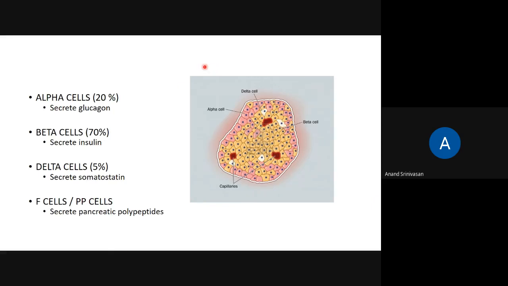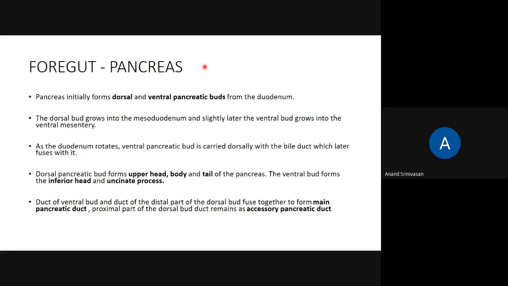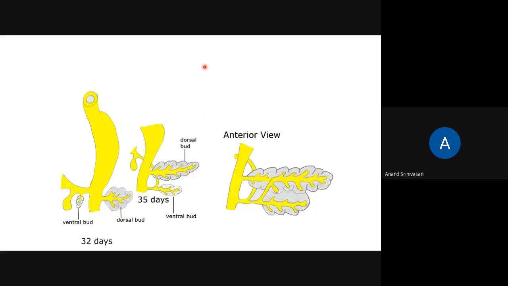I'm not going into the details of the development of the pancreas, which was already discussed in the foregut. If you remember, there is a dorsal pancreatic bud and a ventral pancreatic bud. Then there is a rotation of the pancreatic buds along with the stomach, and the ventral pancreatic duct lies below the dorsal pancreatic duct.